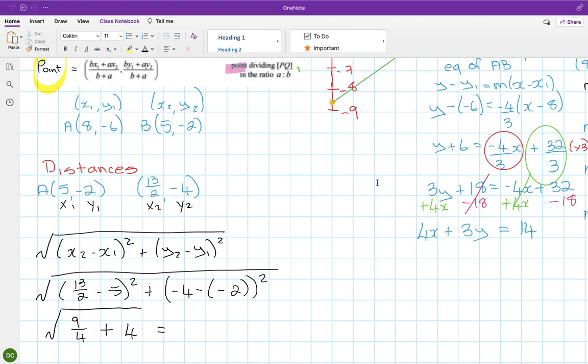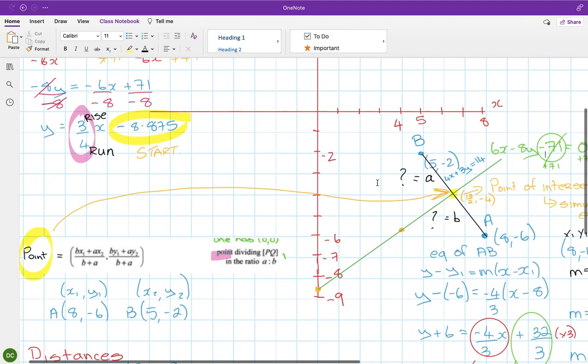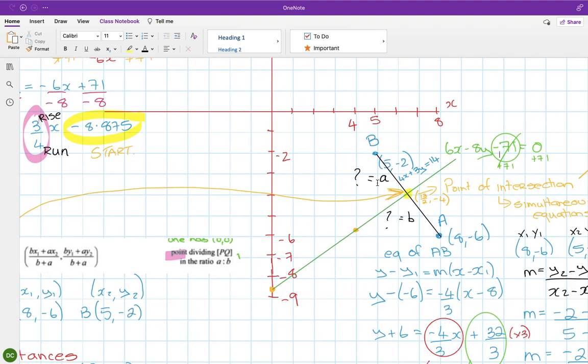So that is 4 plus 9 over 4, the square root of 25 over 4, which is 5 over 2. Right, so if I put that back in, this bit here is 5 over 2, or 2.5 units in length.